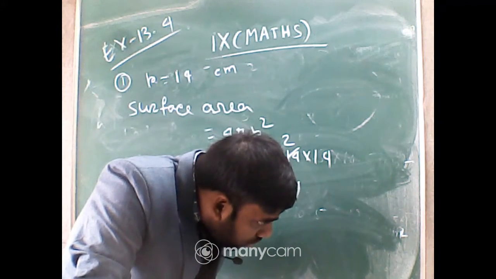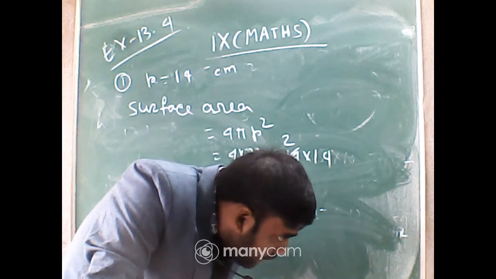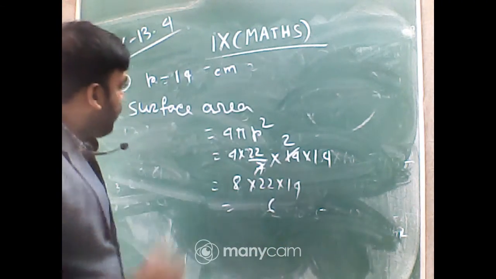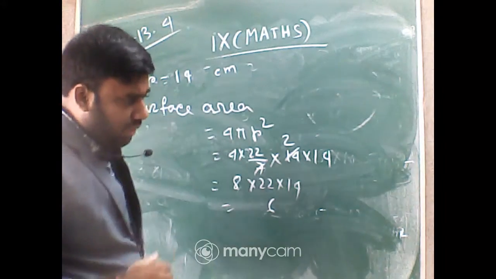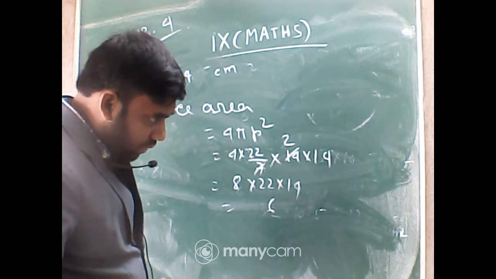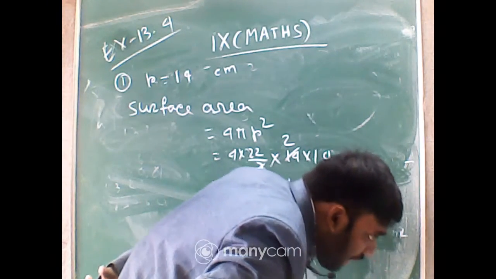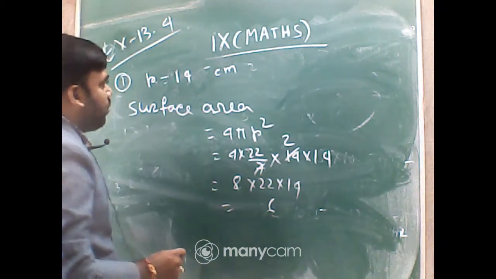Ronit Dotto, Ronit, Amrita, Rajanna, I think they are wrong. Also Nafisa, how will you get 616 when radius equal to 14 centimeter? Amrita, correct the answer. I have not solved 2.1. That is r equal to 14 centimeter.